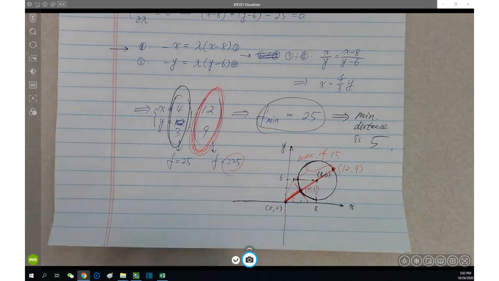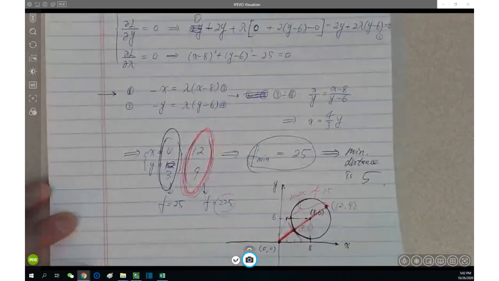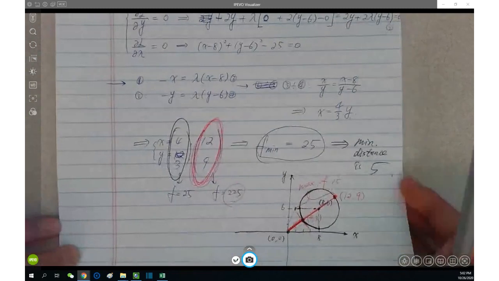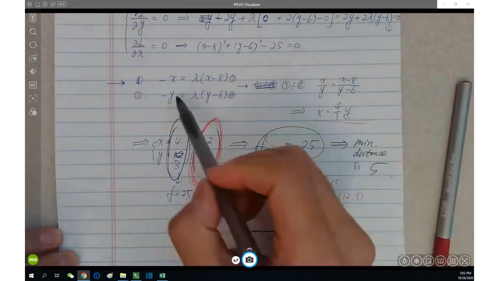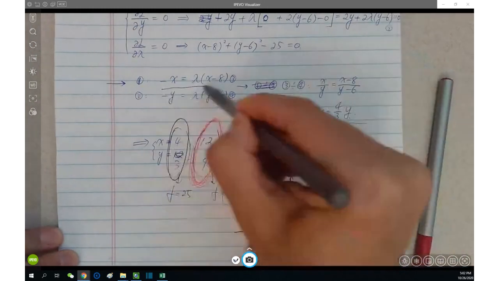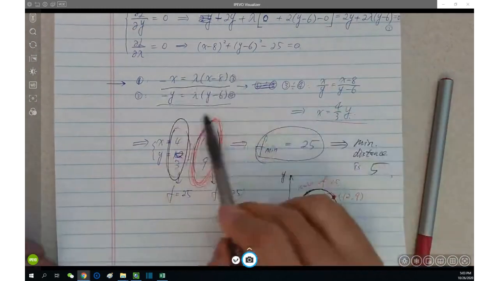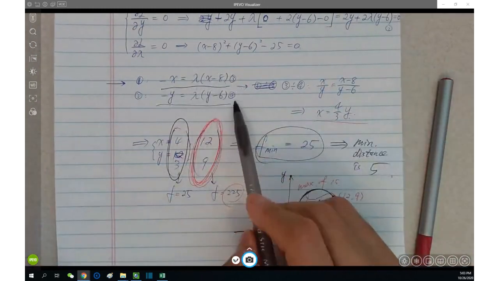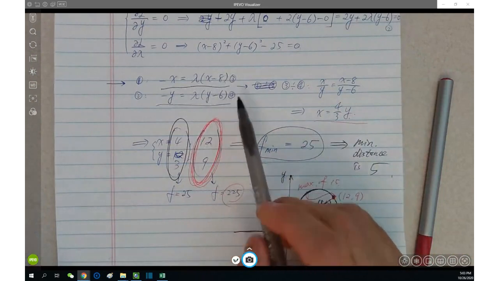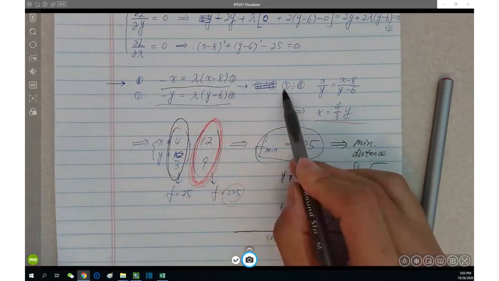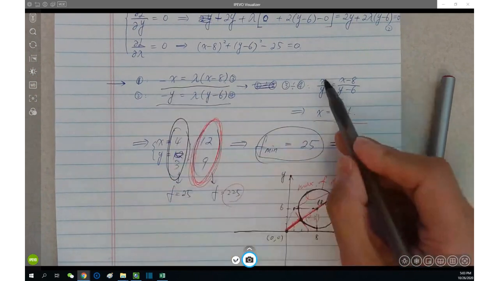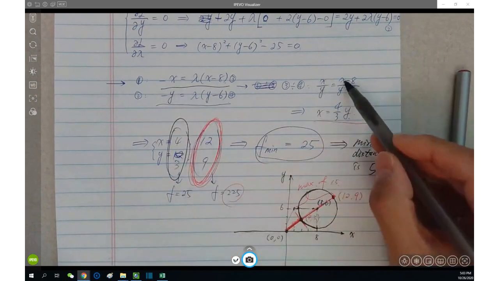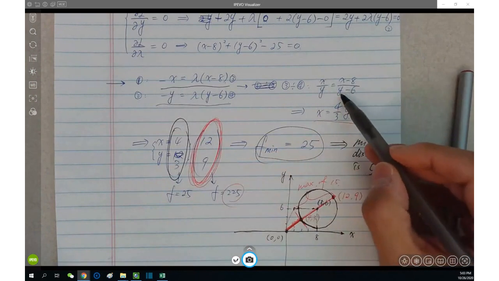All right, here I'm receiving a question asking how we got here. So from equation 1, you got this and this. Any question regarding equation 3 and 4? If this is clear, then you use 3 divided by 4. Left-hand side is x over y. Right-hand side is x minus 8 over y minus 6.